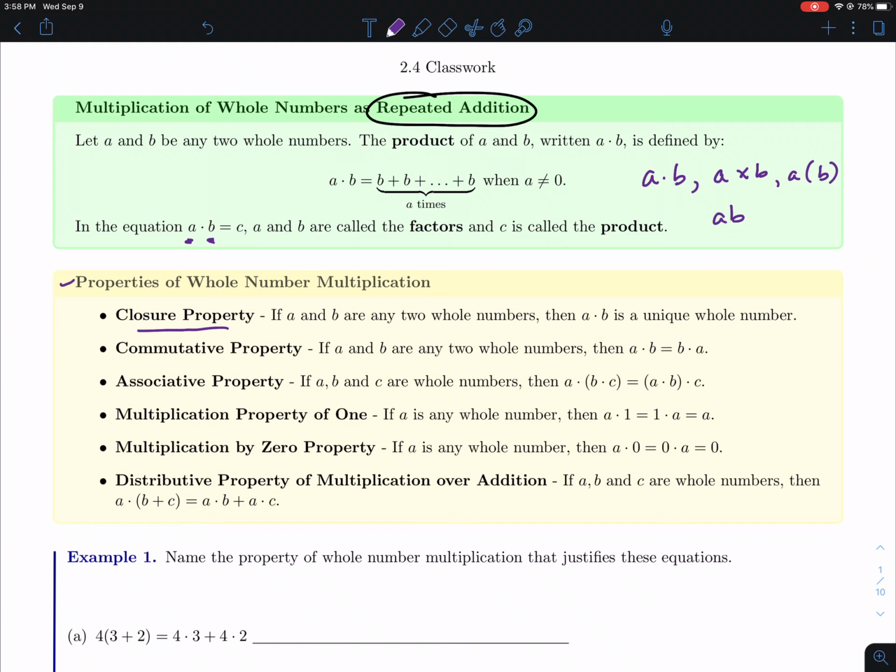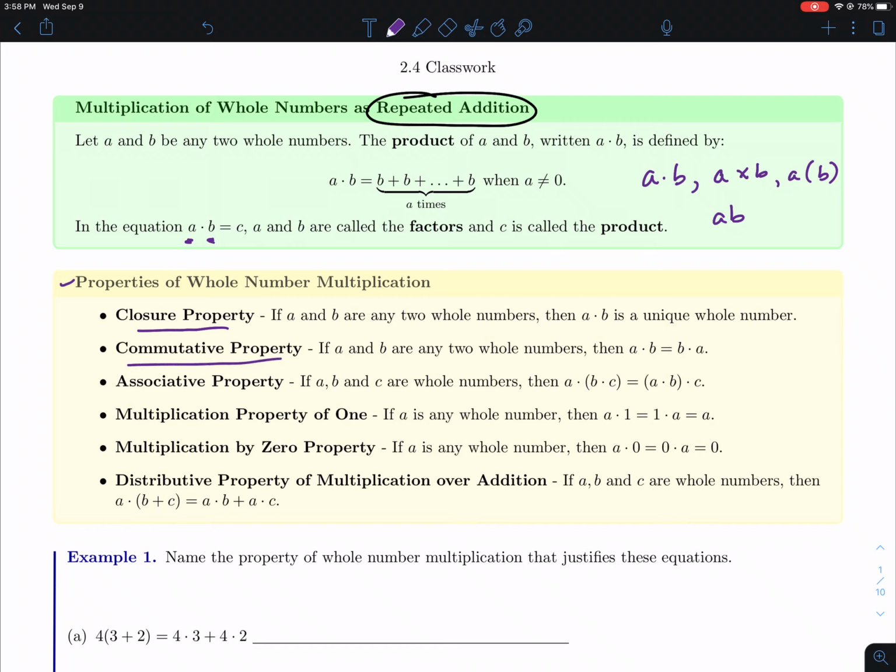The only thing that could go wrong, which it won't for any of our cases, is if somehow you multiply two whole numbers and end up with a weird fraction or a negative sign. So closure is usually pretty straightforward with the type of stuff we work on, but it's good to know that property exists.